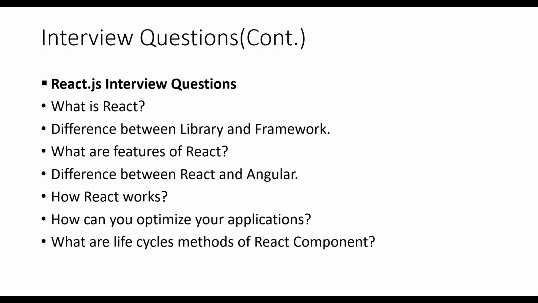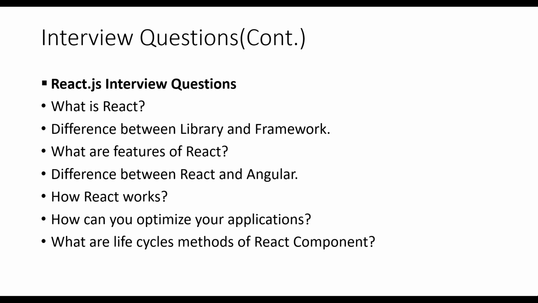So that is the benefit of using React, because directly manipulating the real DOM is an expensive process, and it wastes a lot of memory. So that's why we use virtual DOM, which makes our application faster. Every time we make a change in our React component, a new virtual DOM gets created, and then the newly created virtual DOM gets compared with the previous virtual DOM, and if there is any difference between them, then only the real DOM gets updated.